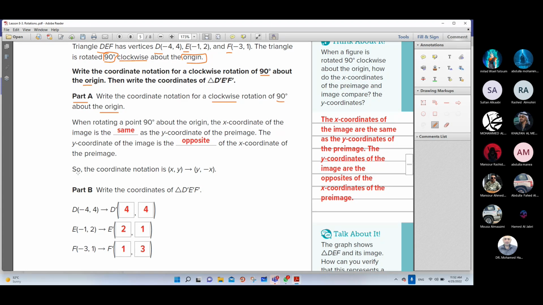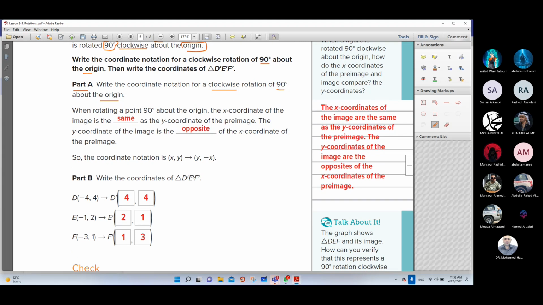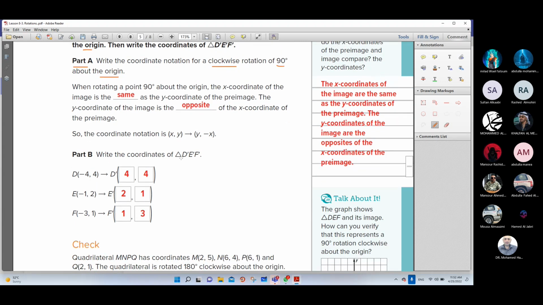So we can use this rule when we have 90 degrees. The coordinate notation will be: take the y, put it in the x place, and take the opposite of x, put it where? In the y place. Now write the coordinates of the triangle D prime, E prime, F prime using this rule.